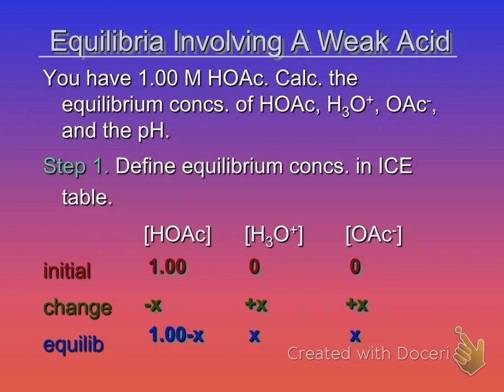Now, one question you might be asking yourself, well, Cornick, how do we know what the change is going to be here and here? How do we know it's X, or how do we know it's 2X, or what are going to be those changes? Again, we can look at the equation, but these are all what we call monoprotic acids. So that means they have 1 hydrogen that they're willing to give up, and in this case it's that hydrogen right there.